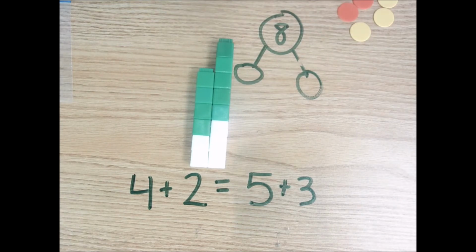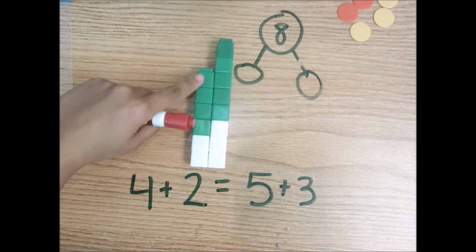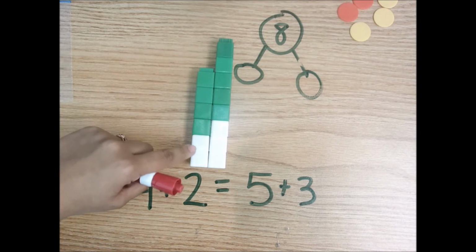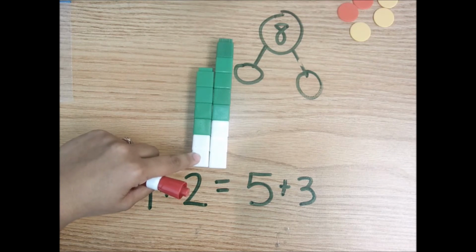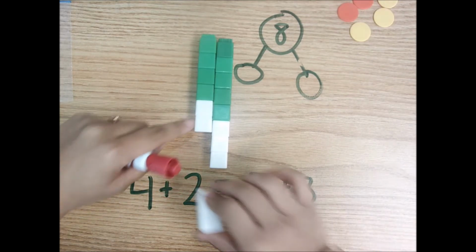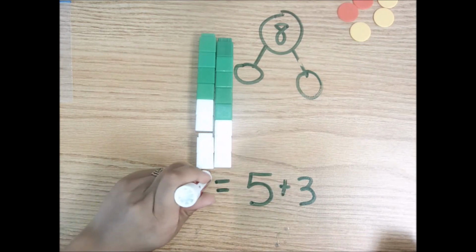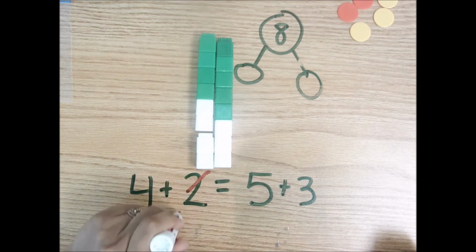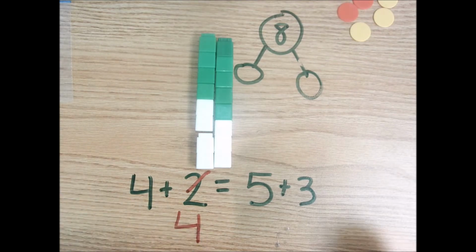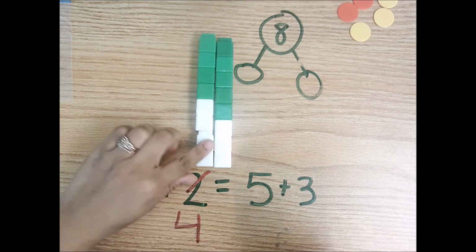I can either add an additional 2 to this side, where I now have 4 plus 4. That's a possible way to fix the problem.